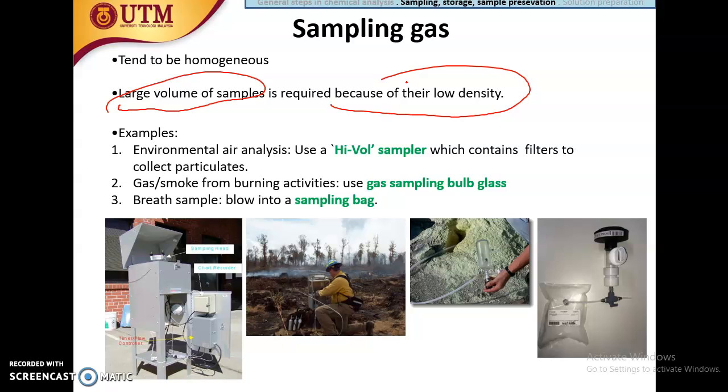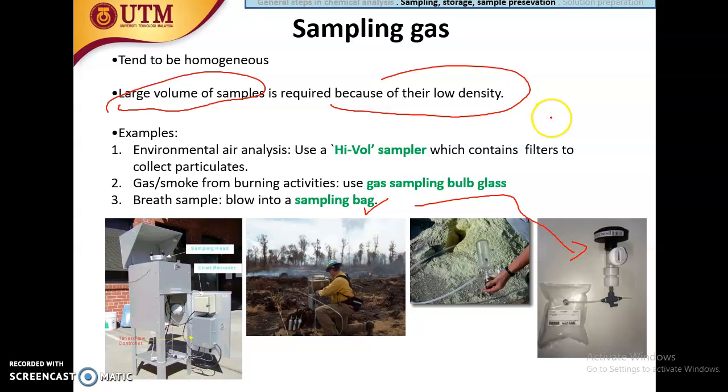How do we sample gas? Specific to forensic chemistry, we look into the last method, i.e., we can sample the breath sample inside a sampling bag. You take the blow sample and then you can transfer it into a GC septa vial.